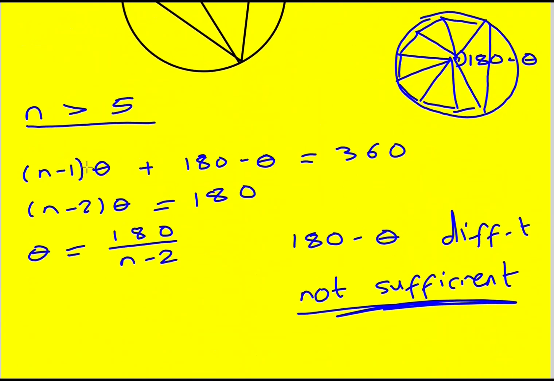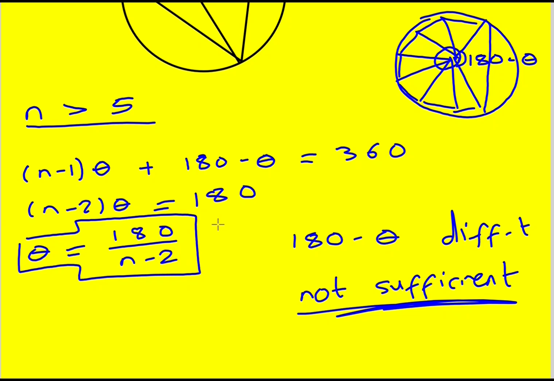So I said that n minus 1 of the n angles are going to be theta, and the other one's going to be 180 minus theta. They must still add together because they meet at the very center. They must add together to give 360. I've just rearranged it to give me theta is 180 over n minus 2, and that gives me a construction for how I can make such a polygon where this is true.